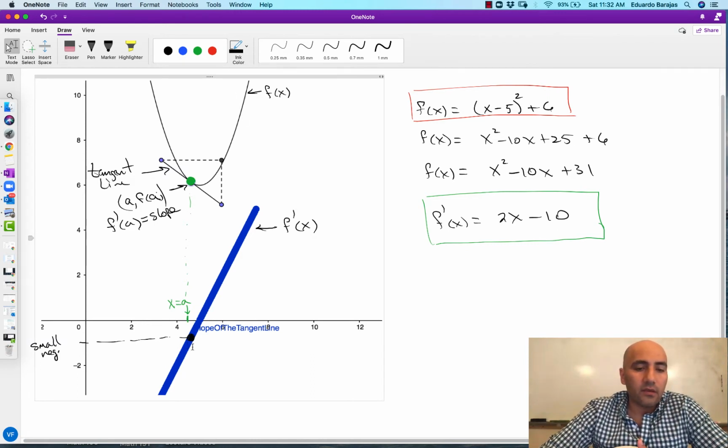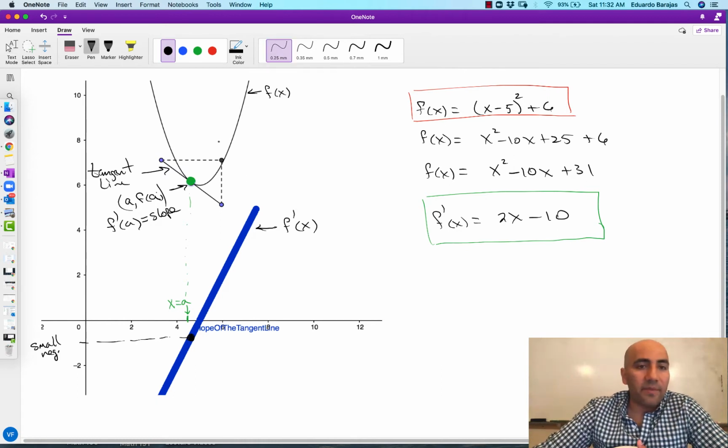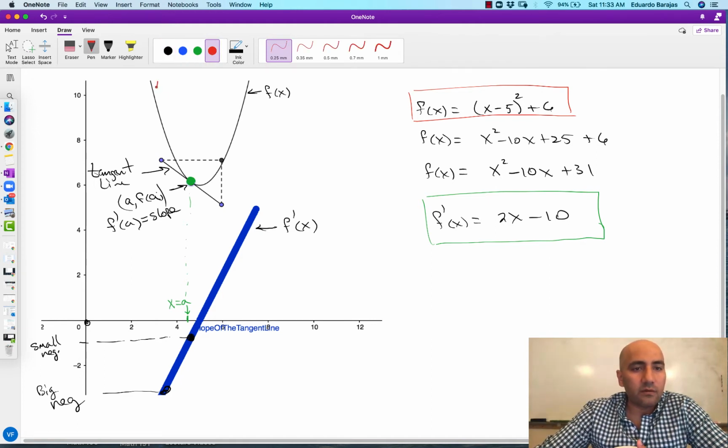Okay, and the pattern we want to note is that as we traveled on this graph, the first derivative was on the rise. It was increasing, right? It went from some sort of big negative over here somewhere, and then we hit a small negative, and then we hit 0, right? As we travel from left to right, the way we read, you can think of a little stick person walking on our graph from left to right. So as he's traveling from left to right, the slopes are going to be big negatives, small negatives, 0, right?